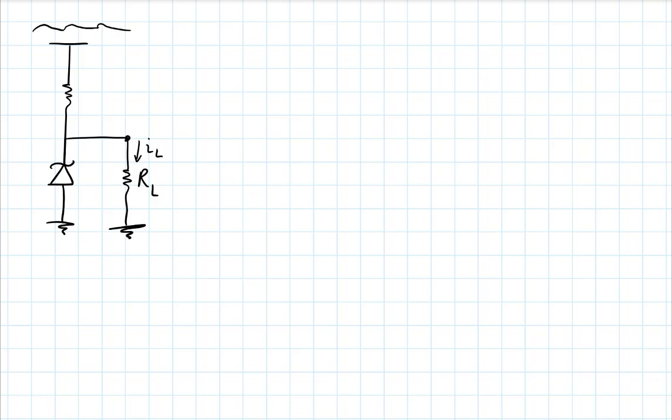And the challenge of this regulator was precisely that, to do its job properly. Namely, if I made a big change in this load resistor, well, if this current IL had a big change, then what would happen? At some point, the Zener would be forced to go outside its range.